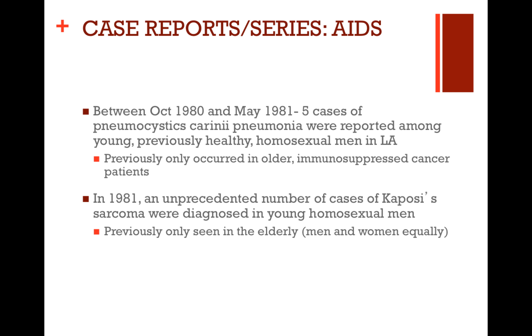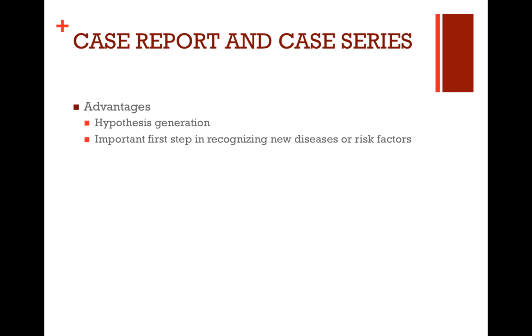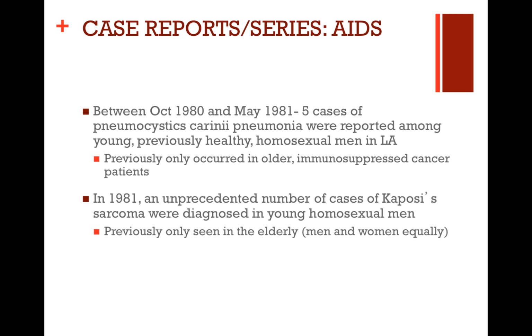And the physicians treating these individuals saw that this was different than what you would normally expect and started writing up these case reports and case series and having them published so that other people could see if they were noticing a similar pattern, in an effort to develop a hypothesis about why this might be. And that led to the first idea of what HIV/AIDS would be.